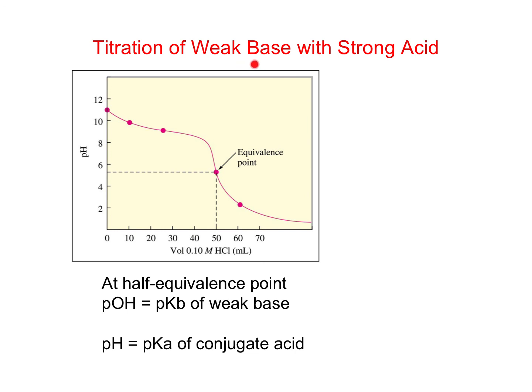For a weak base being titrated with a strong acid, the equivalence point is less than 7. The half equivalence point is still relevant. At the half equivalence point, the pH is still equal to the pKa of the conjugate acid. We can also think about it as the pOH is equal to the pKb of the weak base. Although, if we're going to use the Henderson-Hasselbalch equation, I think this relationship is probably the one that's more useful.